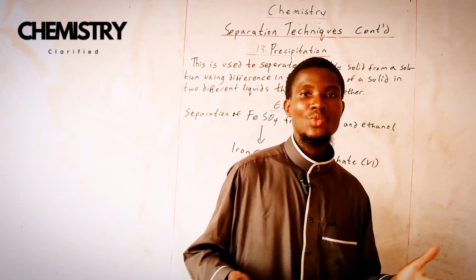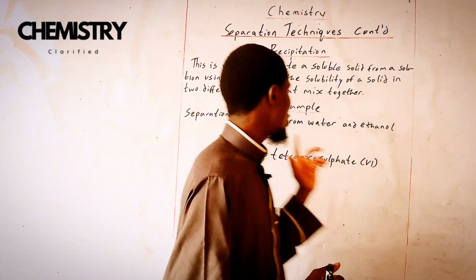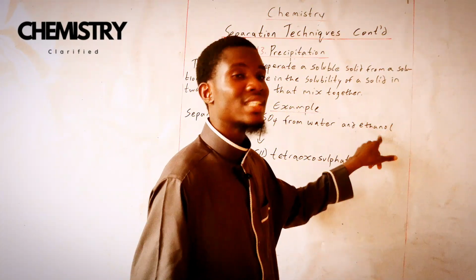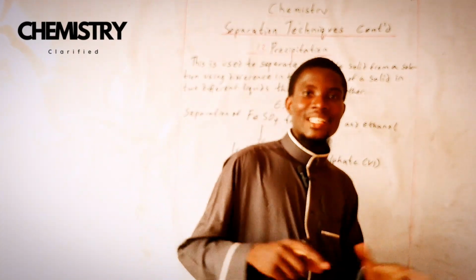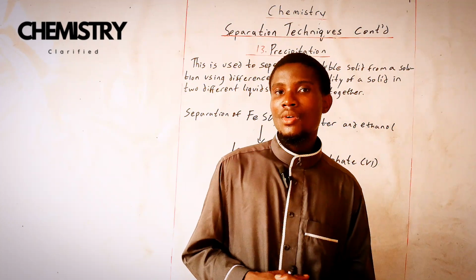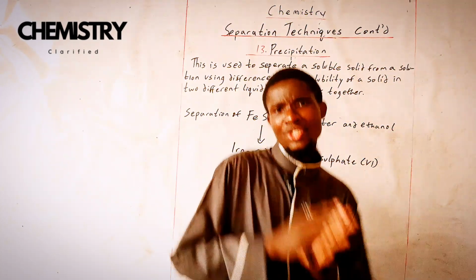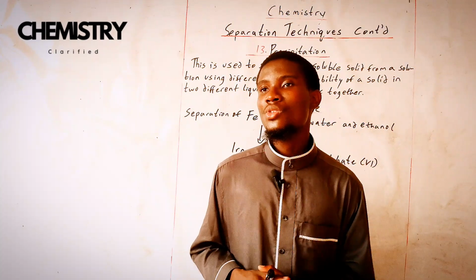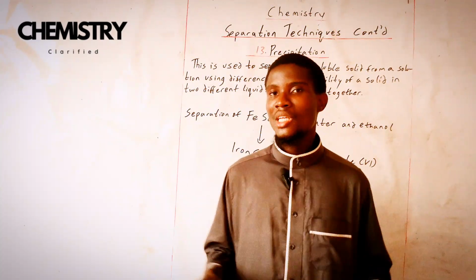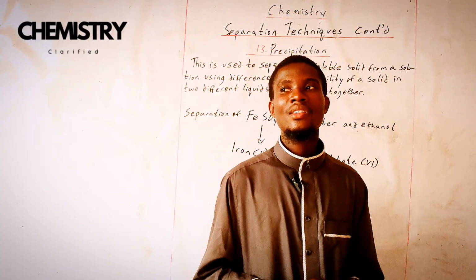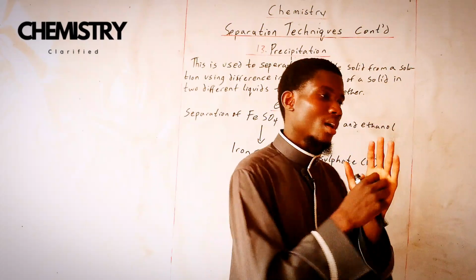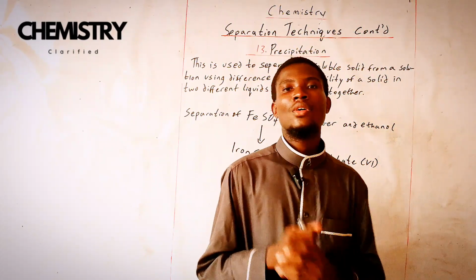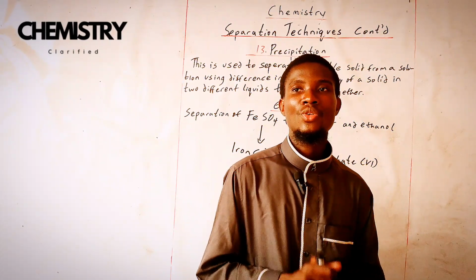When ethanol has mixed with water, and remember, this salt does not dissolve in ethanol, that is going to force the salt out of the solution, and it is going to precipitate out. Now we can filter the salt out using a filter paper and then dry it to get our pure salt. So that is how precipitation works.